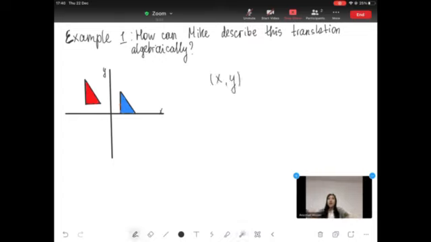Comparing the relative positions of the triangles, we can observe that the blue triangle is placed 1 position down and 5 positions right. So the answer: this translation is expressed algebraically as x and y maps to x plus 5 and y minus 1.